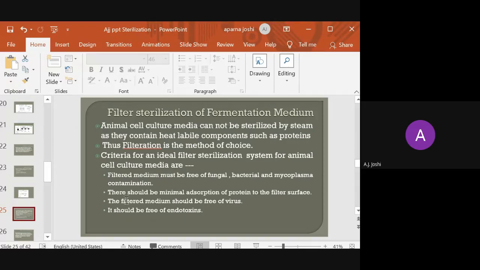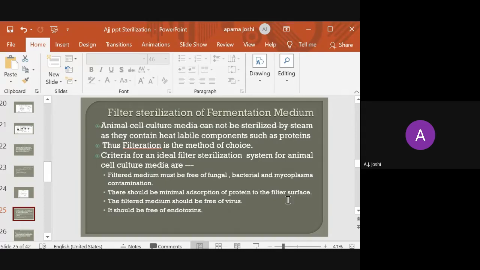Then the second criterion is that there should be minimal adsorption of protein to the filter surface. The main component of animal cell culture media is the different animal proteins. These proteins are the essential component, so while filtering, care should be taken that the protein does not get separated out from the media.